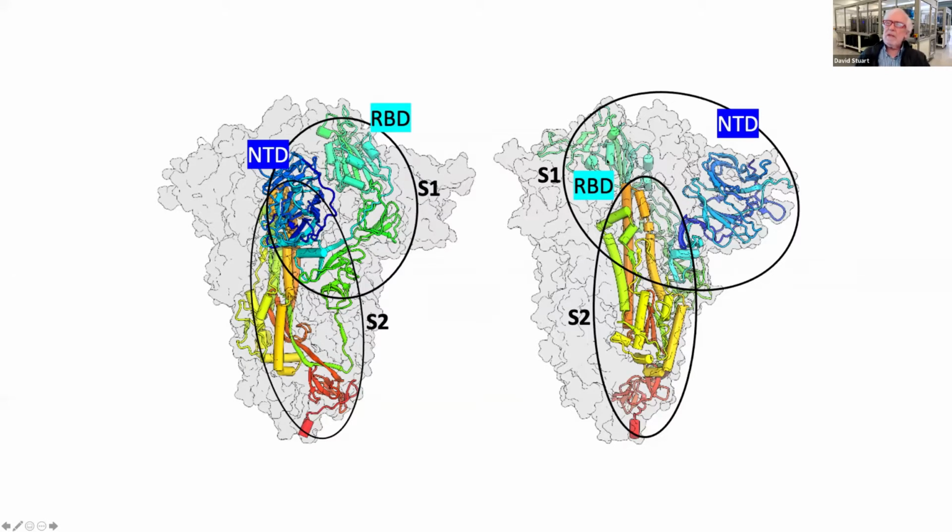These parts are part of the S1 chain, because the single chain is cleaved into two, S1 and S2, by trypsin or by interactions during cell entry. And S2 is the motor that does the fusion, but is not involved in receptor binding.